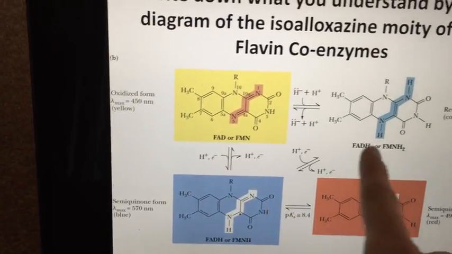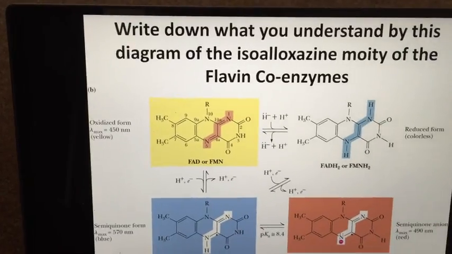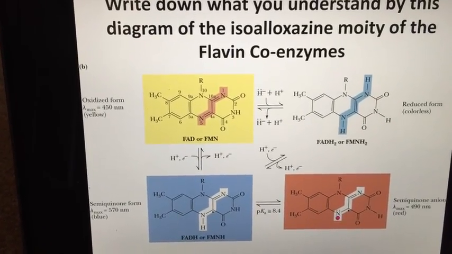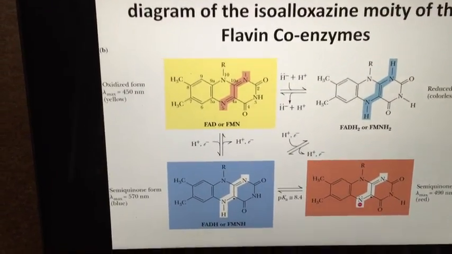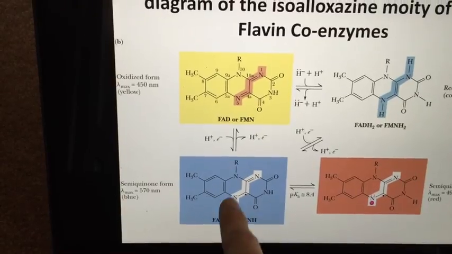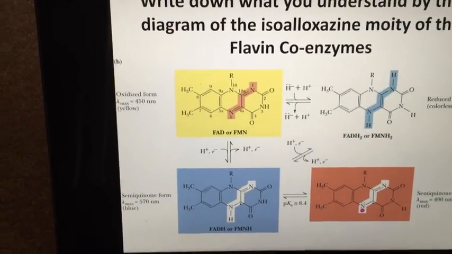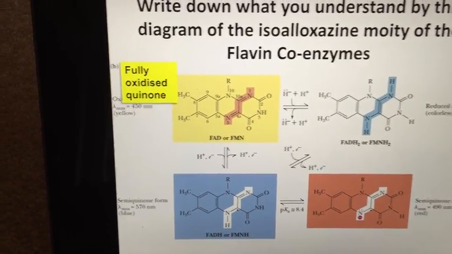So if that happens, FAD gets these two hydrogens added and becomes FADH2. And that is where we say 2 electrons can be transferred. But it doesn't have to only be that. You can see it can also have a single electron transferred as well. So FAD is capable of transferring both 1 or 2 electrons.